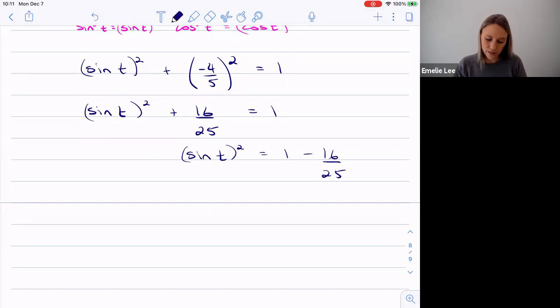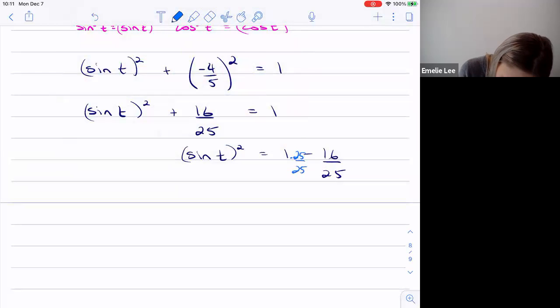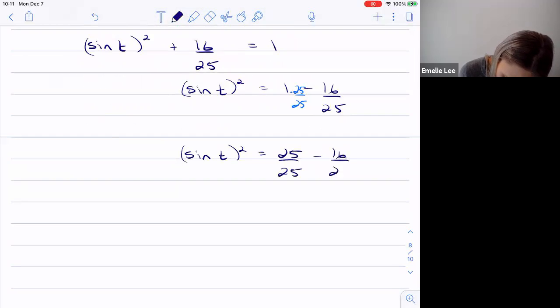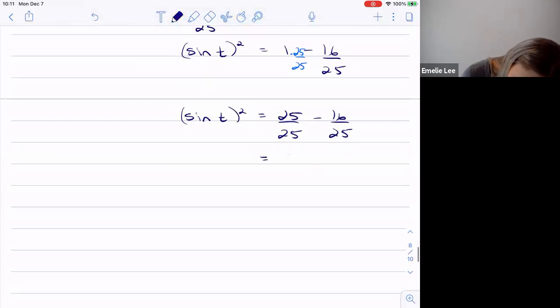In order to simplify this, I need to get a common denominator of 25. I usually just multiply by whatever I want my common denominator to be. So here, I'm just going to indicate that by 25 over 25. So 1 times 25 over 25. So sine t squared is 25 over 25 minus 16 over 25. 25 minus 16 is 9.